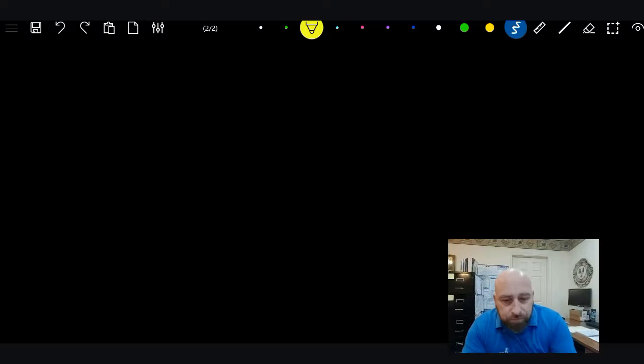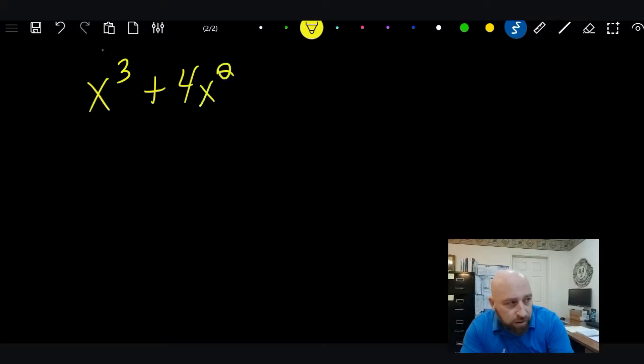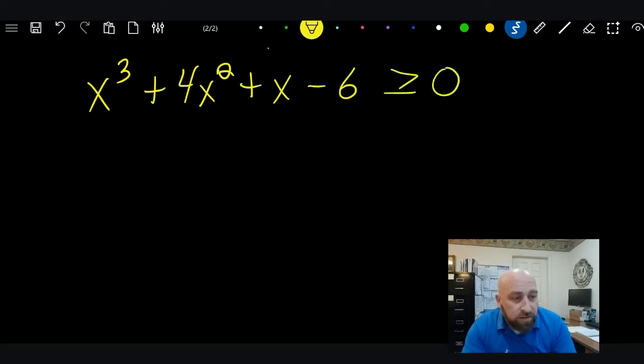So, x cubed plus 4x squared plus x minus 6 is greater than or equal to 0. And what we have to do first here, before we can start doing anything else, is find the possible zeros to this.